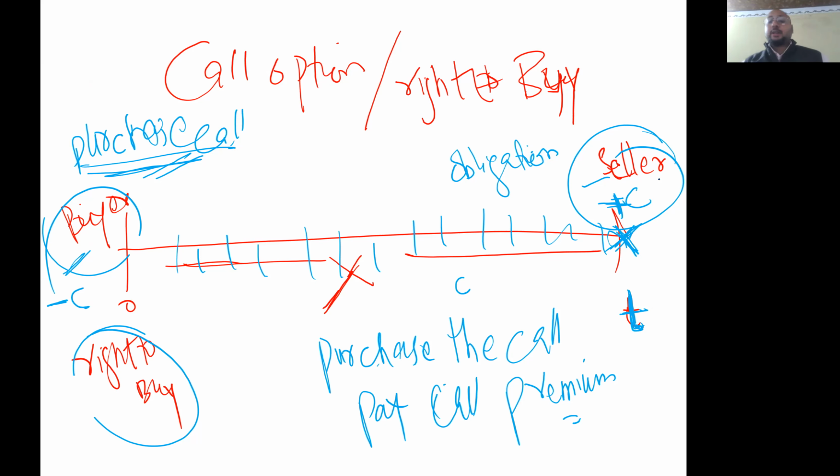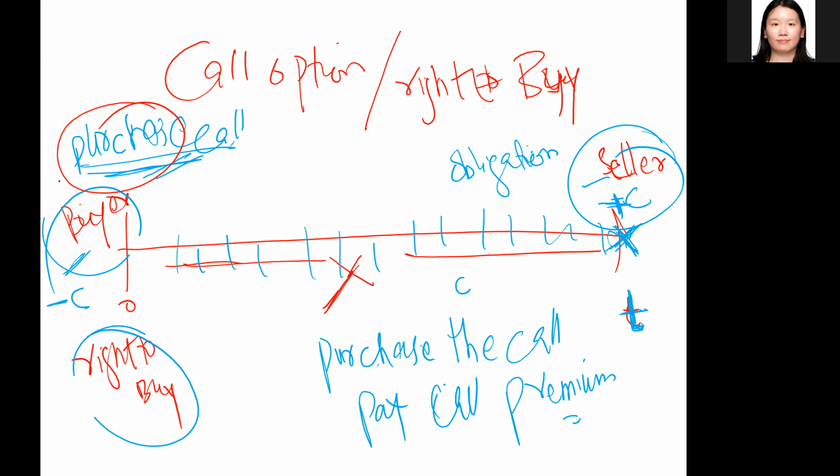So now you tell me, that person who purchased the call, would he receive the call premium or pay the call premium? Guys, that person who purchased the call will receive premium or will pay premium?